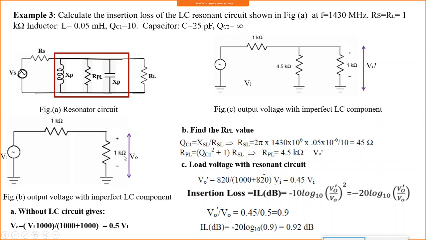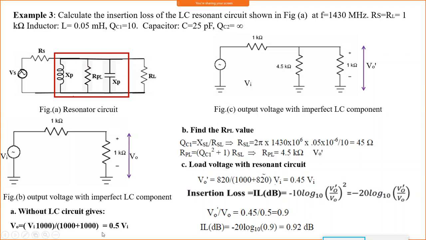What is the voltage here? V0. V0 is given by the current flowing through this resistance multiplied by this resistance value. The current through this resistance is given by Vi divided by the addition of these two resistances, that is 1000 plus 1000, multiplied by this 1K, that is 1000 again.